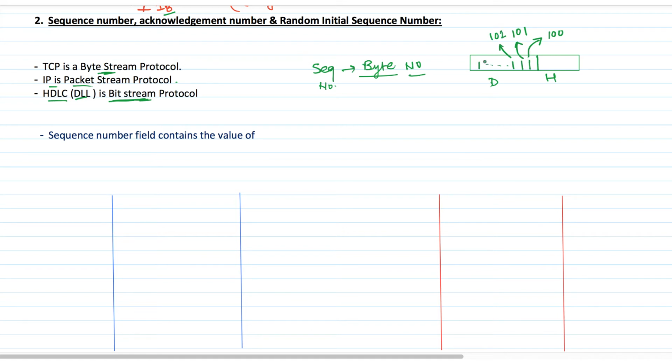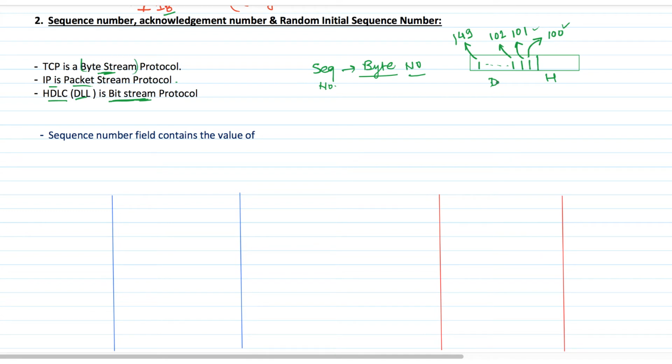Suppose we have a total of 50 bytes here, so the last byte will have sequence number 149. Like this we are going to assign a sequence number for each of the bytes contained by this segment. So this is the meaning of TCP being a byte stream protocol.